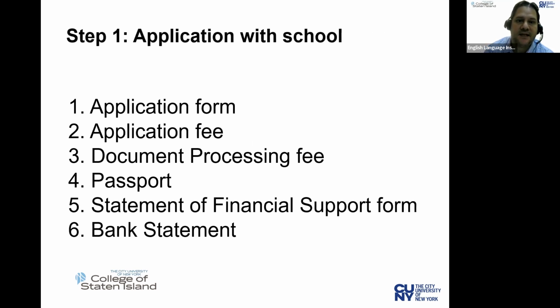That's the application with the school. That's the first step. So many schools have an application form. That is a document where you have to complete your personal information, right?